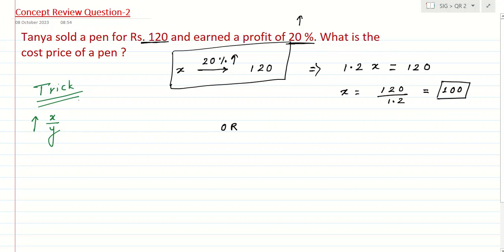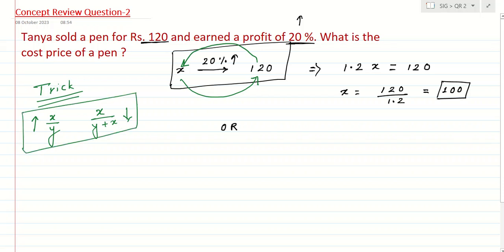Let's say I am increasing from x to 120 by 20%. I'm coming from here to here by 20% increment. I must decrease it back, right? To go back, let's say from 120 I want to make it x again, which means if the increment is given, I should decrease it. So I must decrease it by, the trick says, y plus x, always, always.